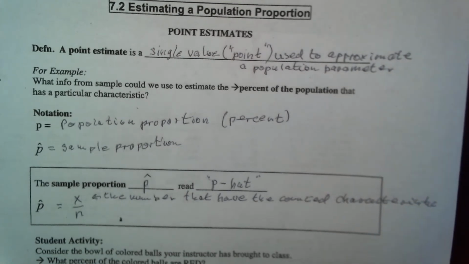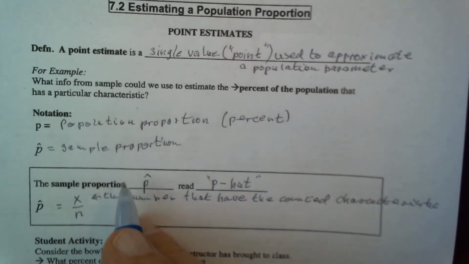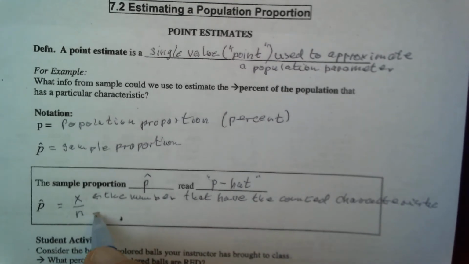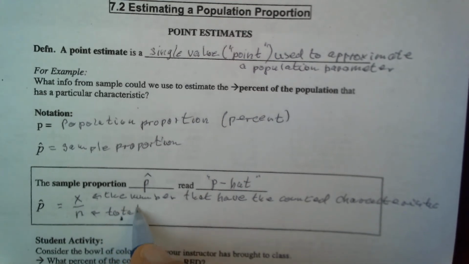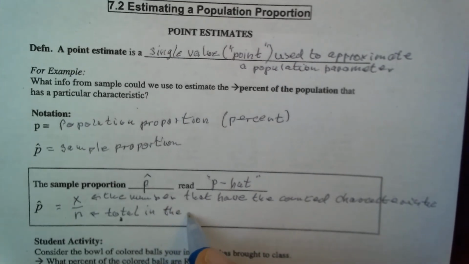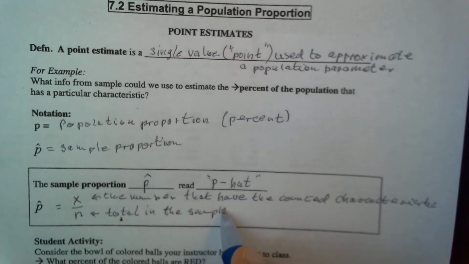It sounds a bit abstract right now, but when we look at examples, then you'll see it. And n would be the total sample size, or total in the sample. And we have used that notation before. n is the sample size.